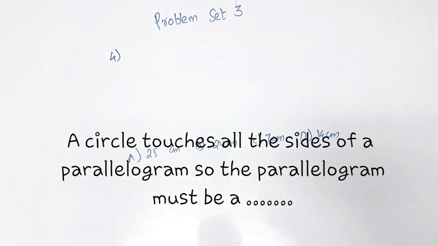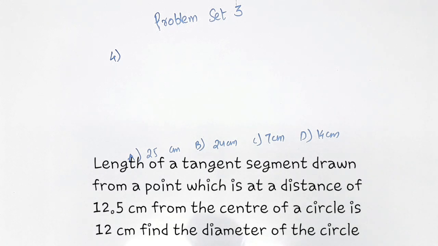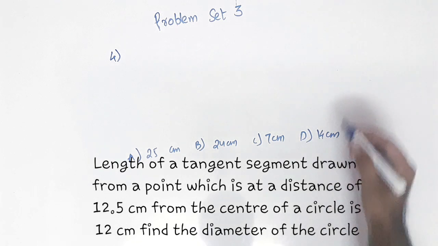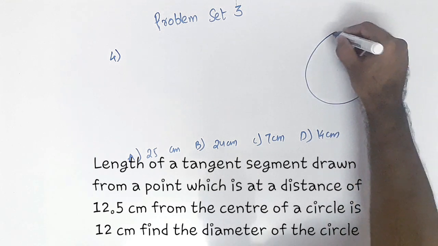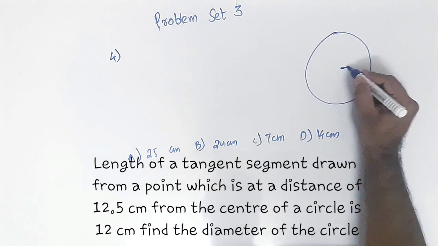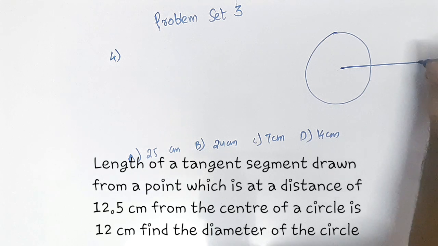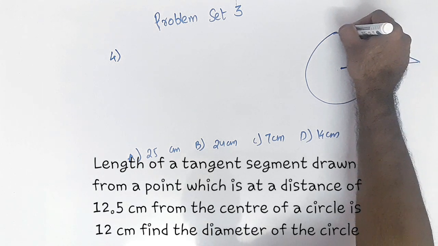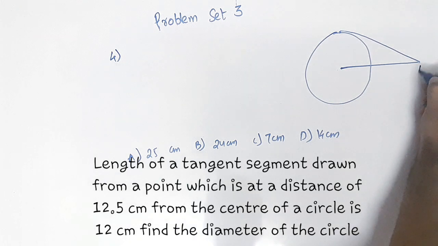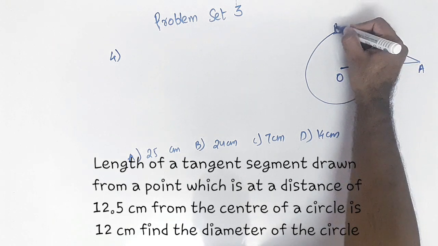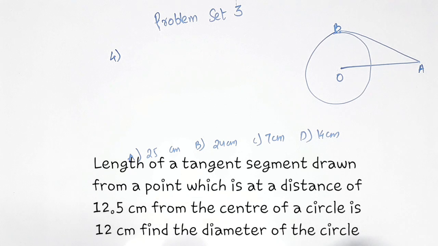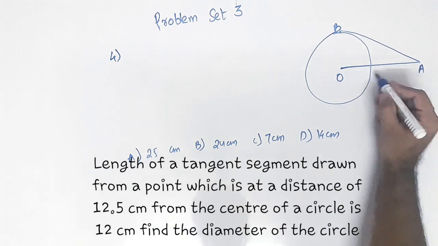Fourth one says that the length of the tangent segment drawn from a point which is at a distance of 12.5 from the center is 12 centimeter. So we understand that there is a point outside the circle, which is at a distance of 12.5 centimeter from the center.